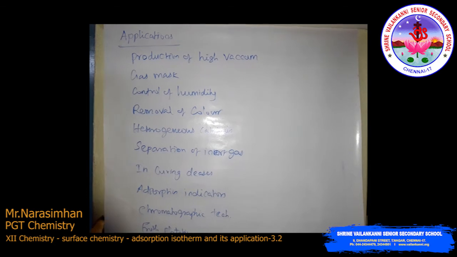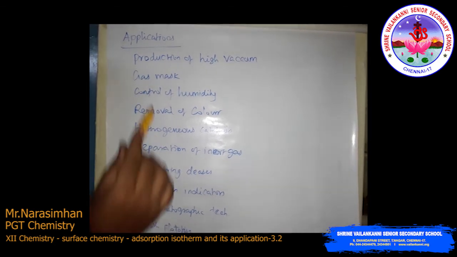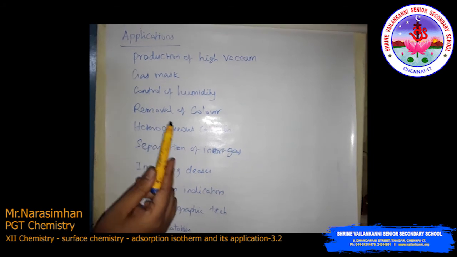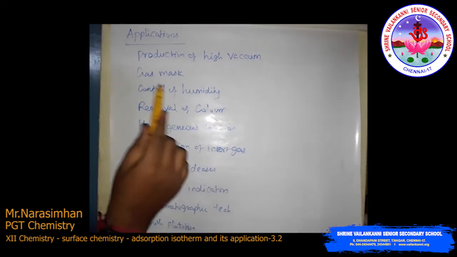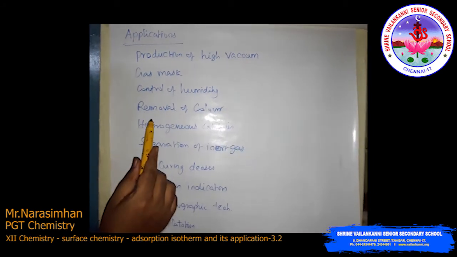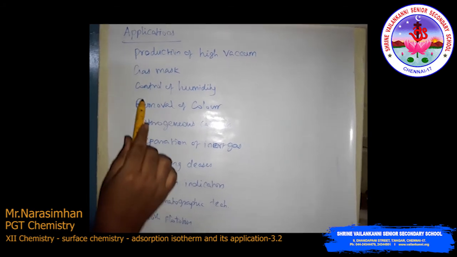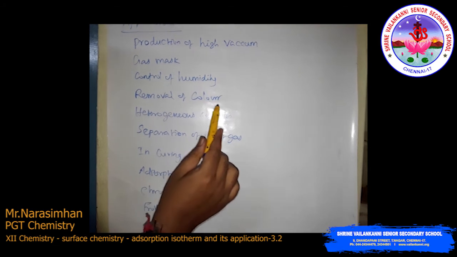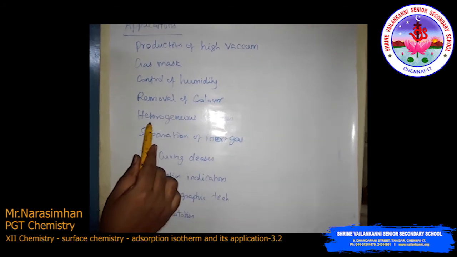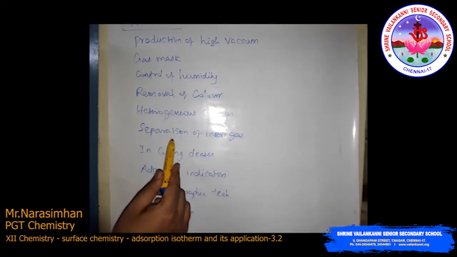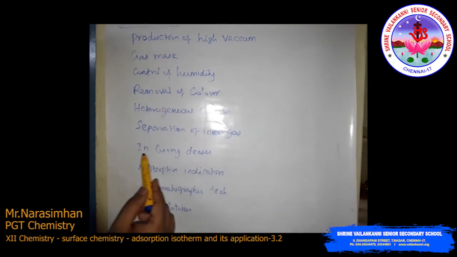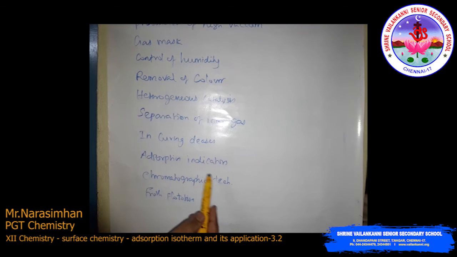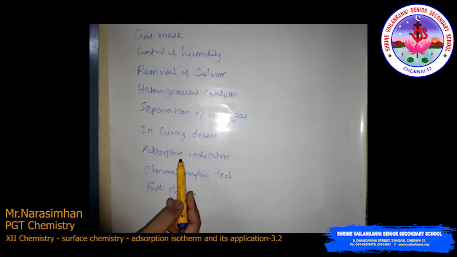Applications of adsorption isotherm. Where this process is used is called its application, across various branches. Production of high vacuum, gas mask, control of humidity, removal of color matter from solution, heterogeneous catalysis, separation of inert gases, curing disease, adsorption indicators, chromatographic technique, and the last one, froth flotation process.